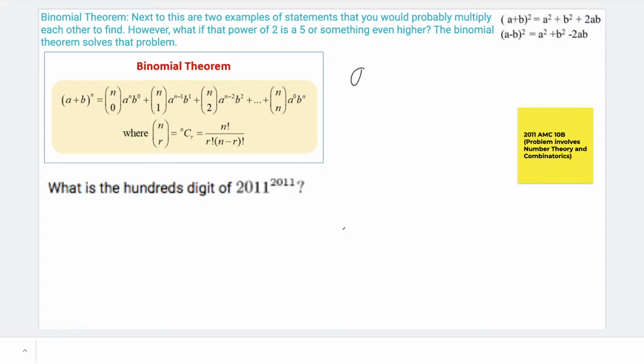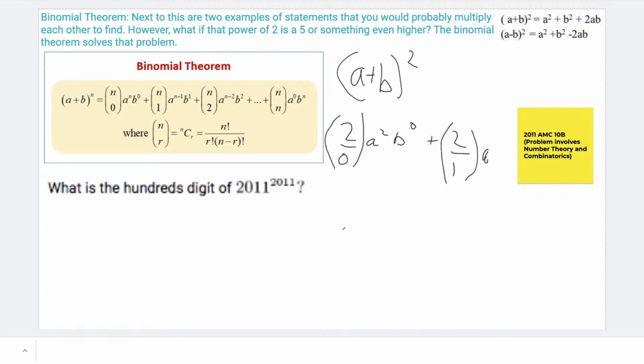If I rewrite this using the binomial theorem, it is just 2 choose 0 times a to the power of 2 times b to the power of 0, plus 2 choose 1 times a to the power of 1 and b to the power of 1, plus 2 choose 2 times a to the power of 0 times b to the power of 2. Notice that the exponent for each a term slowly goes down, while the exponent for the b term slowly goes up. That's one thing you should remember.